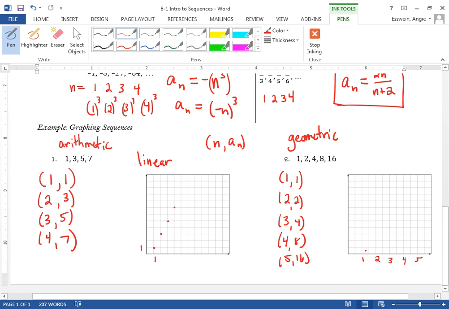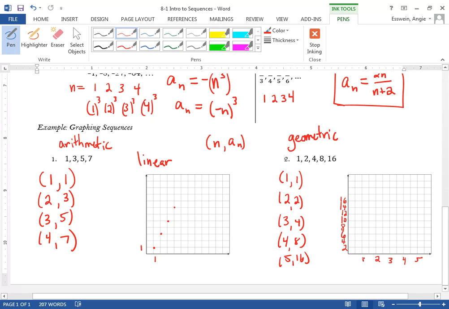So I use 2 squares on the x-axis, and here I'm going to go by twos. I'm going to use one box is 2 units. 2, 4, 6, 8, 10, 12, 14, 16. So I'll be able to see this.